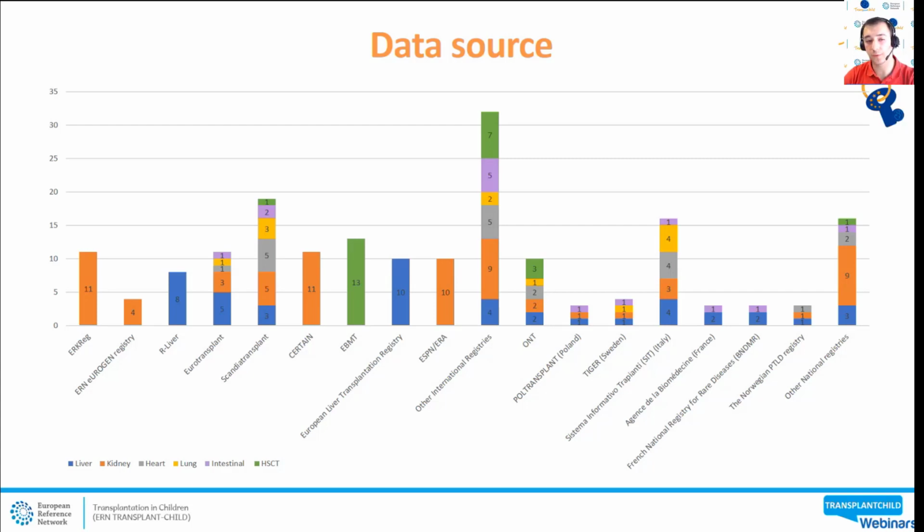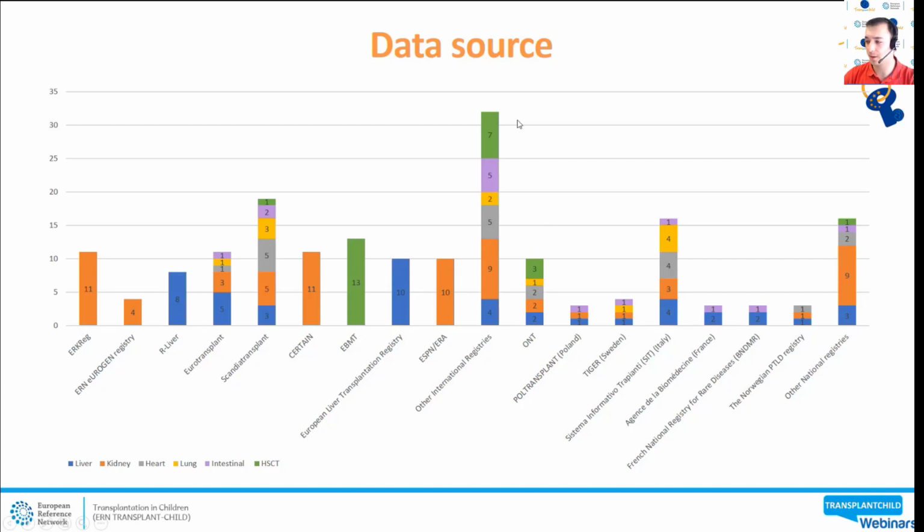So there are some common registries that many transplantation programs use, such as the other ERN registries, such as ERKReg for kidney or RARE-Liver for liver transplantation programs, the CERTAIN or the EBMT at European level, and then other registries at national level.